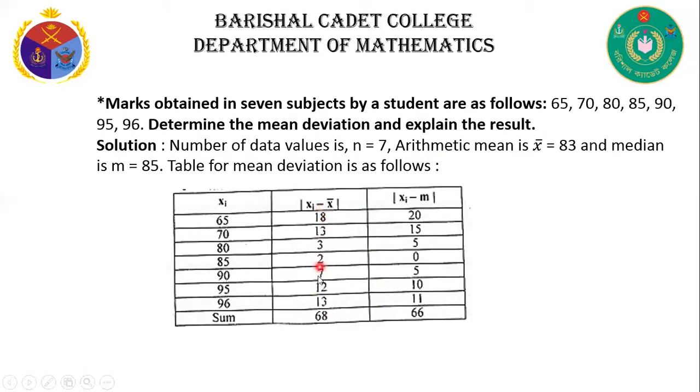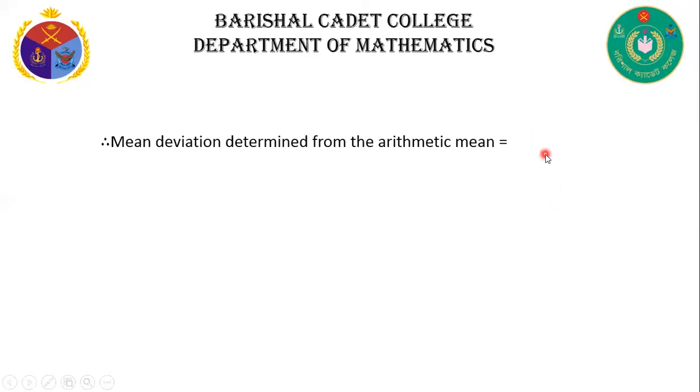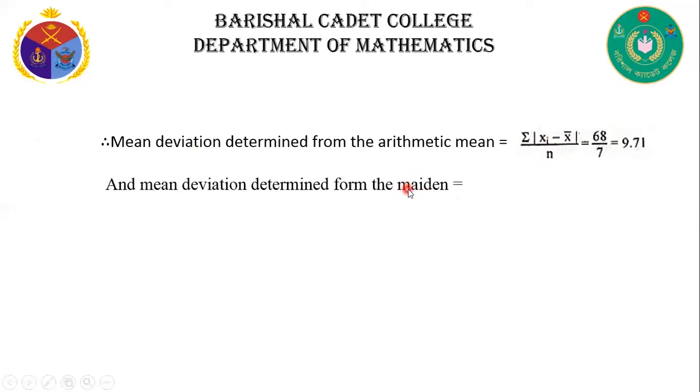Here the total sum of this data, summation modulus of xi minus x bar, is equal to 68 and n is equal to 7. That means 9.71.